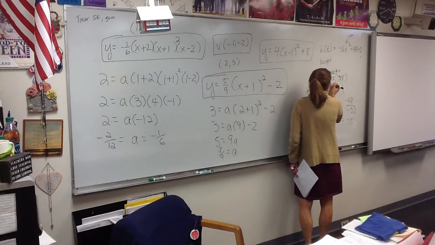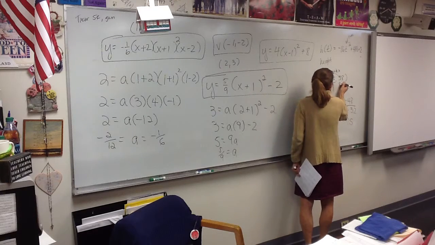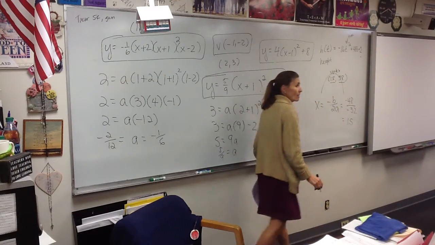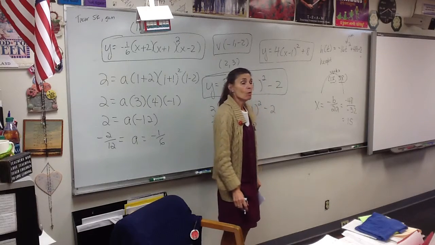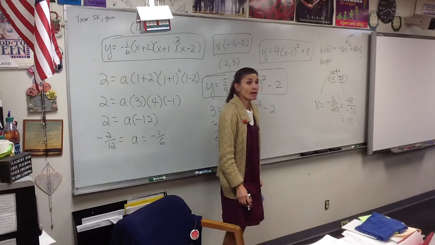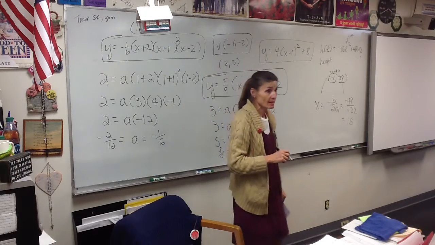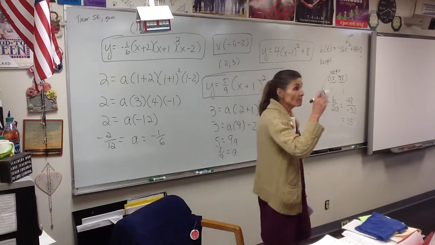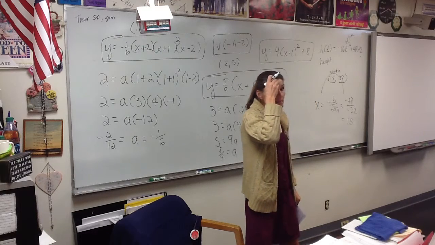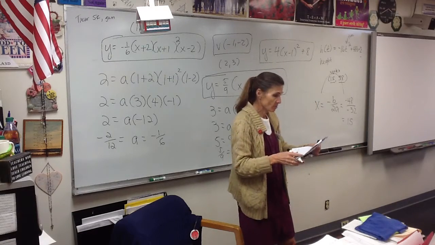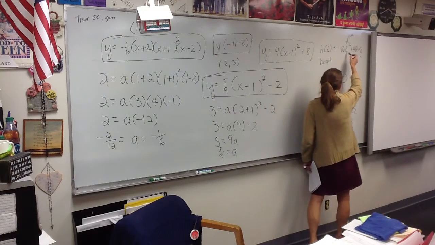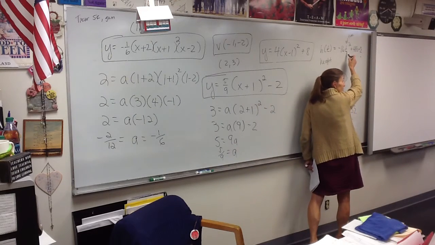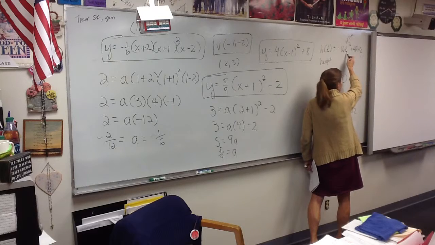What does this 1.5 represent and what does the 38 represent? Time and height. So when does it reach its highest? 1.5 seconds. And what is its highest? 38 feet or whatever the unit is. Megan, the equation tells you this is the time.